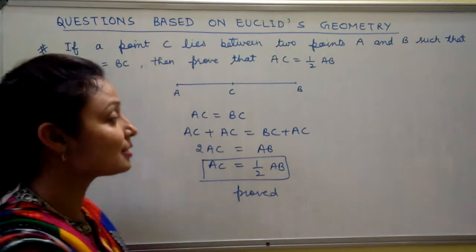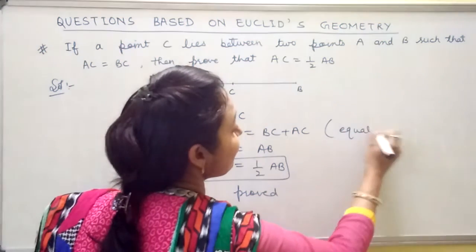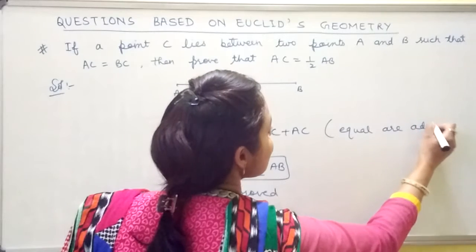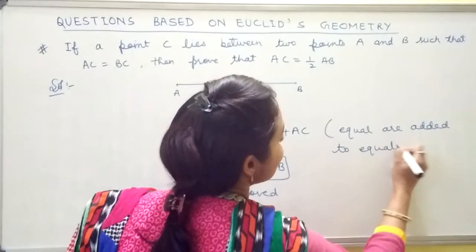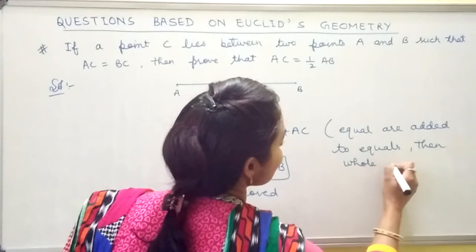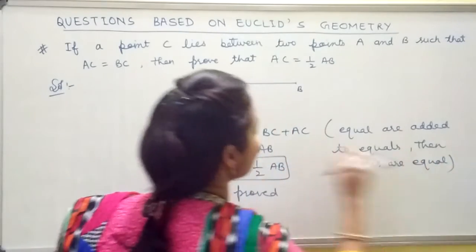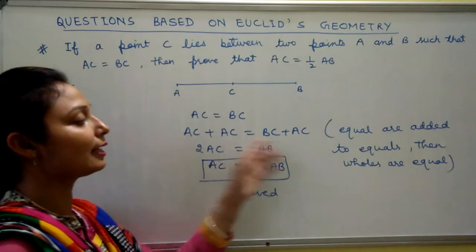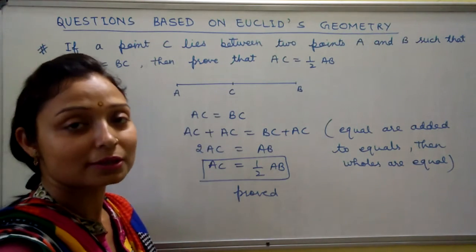Very easy question. The axiom I used here is: equals are added to equals, then the wholes are equal. In this way we can solve the first question.